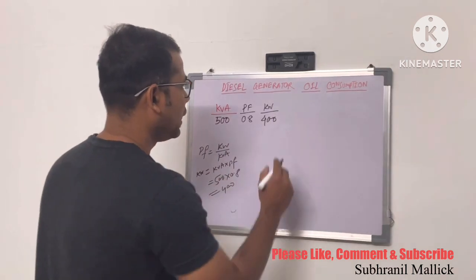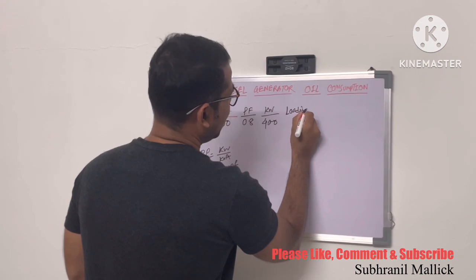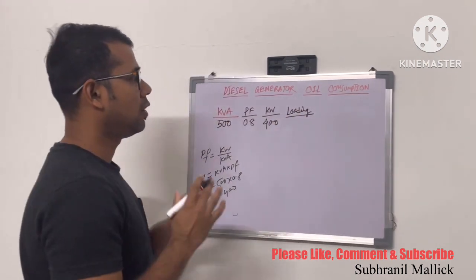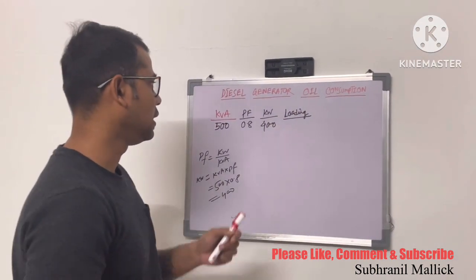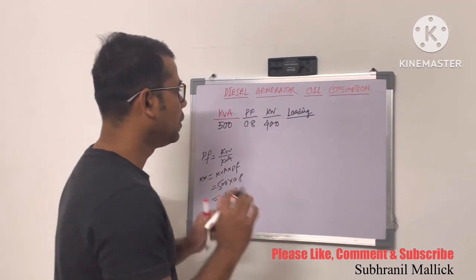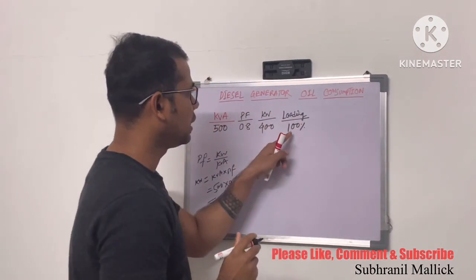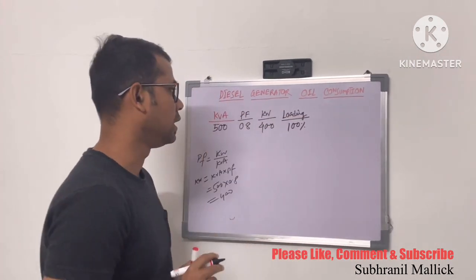Here I am mentioning loading. If it is not mentioned, or if it is not asked whether it is 80% loading or 75% loading, we will consider the 100% loading condition for oil consumption of the diesel generator.